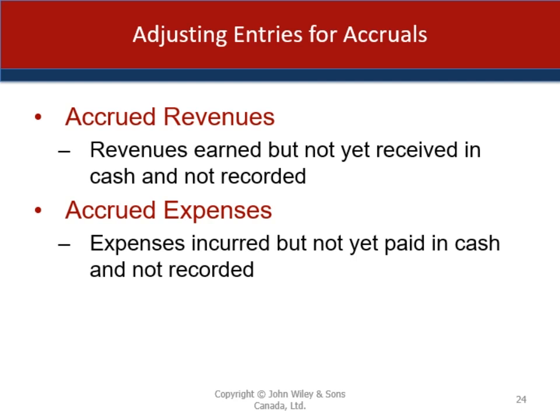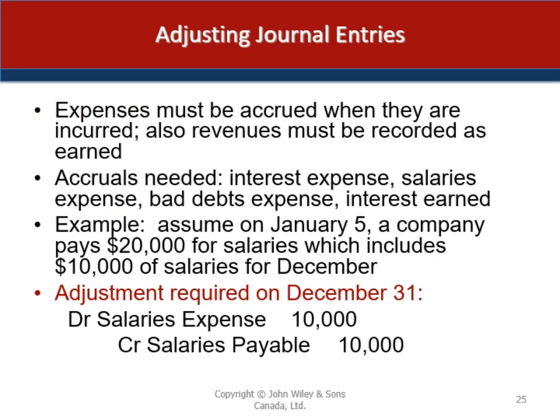And so there could be significant differences between the cash and accrual basis of accounting, because the accrual basis of accounting moves things into the period in which it's proper to record the transaction. So the accrual basis of accounting recognizes revenue when it's earned, independent of when it's received in cash, and expenses are recognized when they're incurred without regard to the time of the receipt or the payment of the cash.